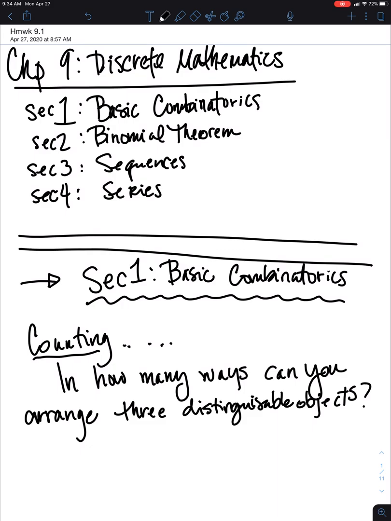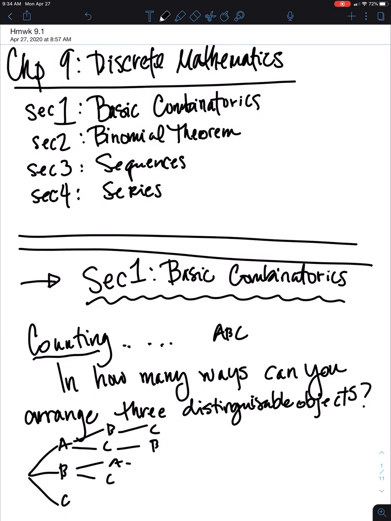Sometimes they have a tree diagram, where let's say 3 distinguishable objects are A, B, and C. You'd do a little tree here, and then you'd count them out to see how many you have.